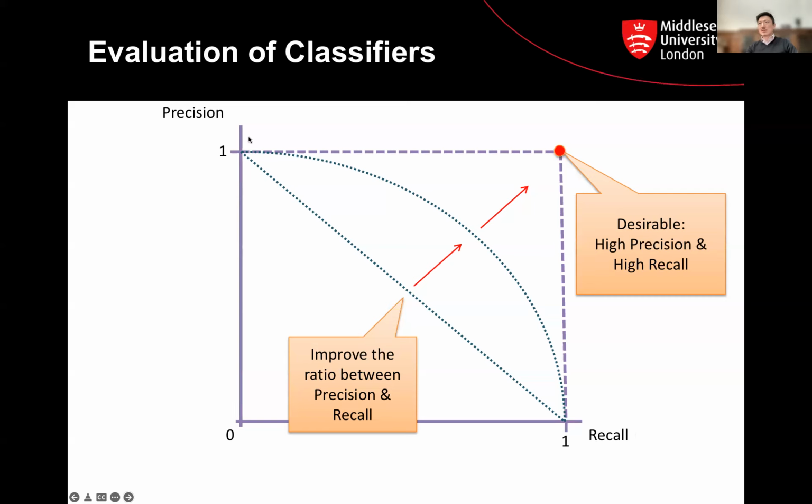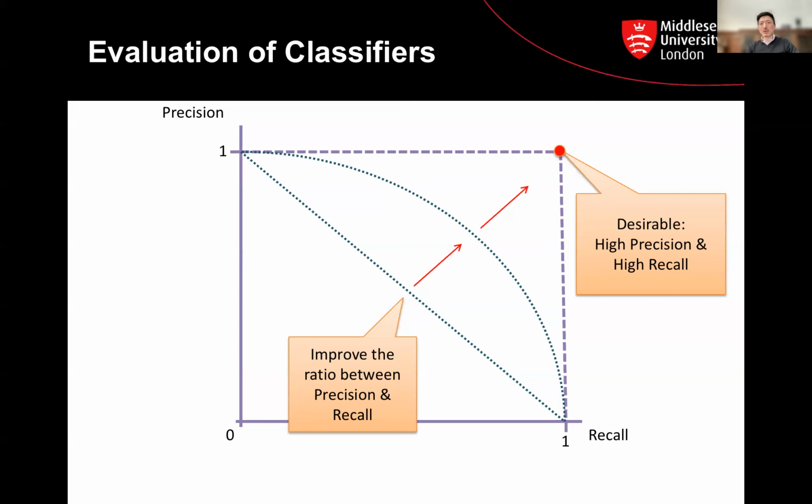So as you can see, usually the curve will be like this. Maybe start from this end. And you can see it can always have 100% recall by just returning everything in the data set.